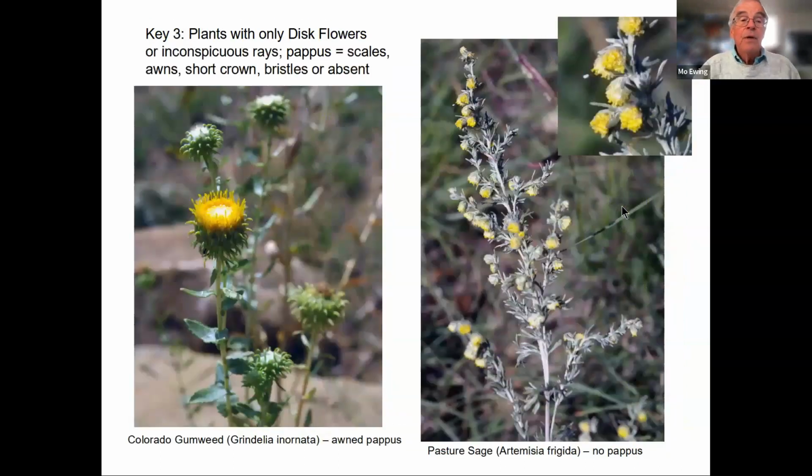Okay, so key 3 are plants with only disc flowers, so we're still in an only disc flower group, or inconspicuous rays, with a pappus of scales, awns, short crown bristles, or absent. So that's that second group of everything else that isn't capillary.